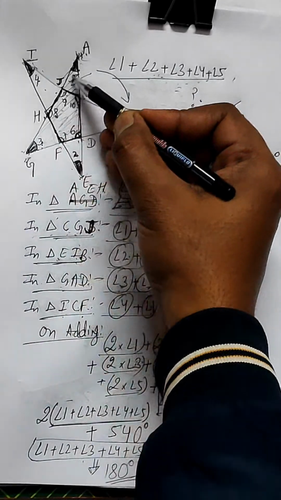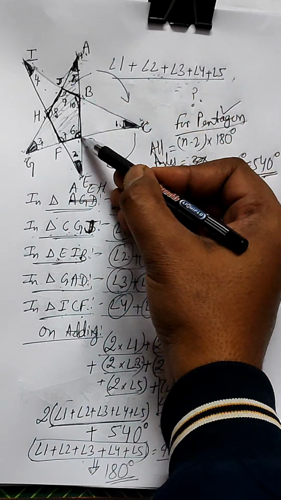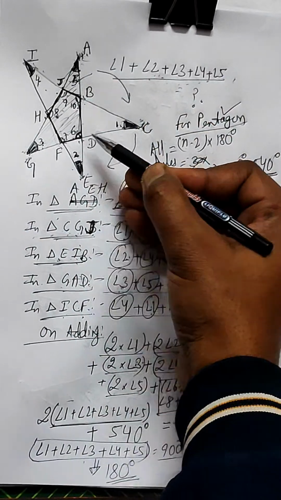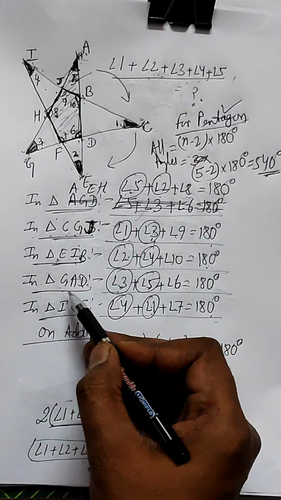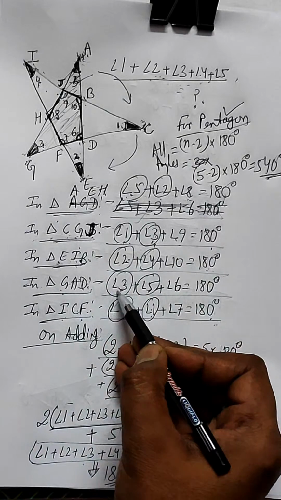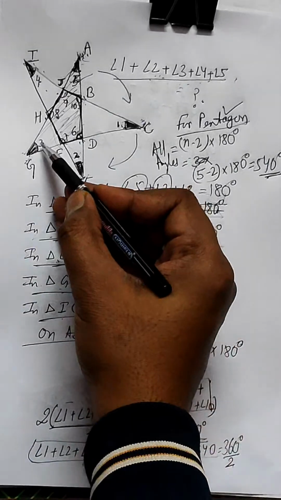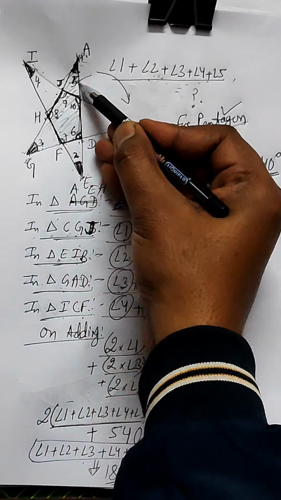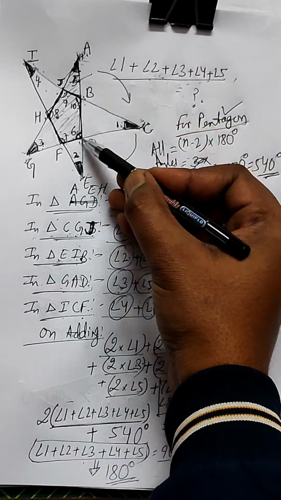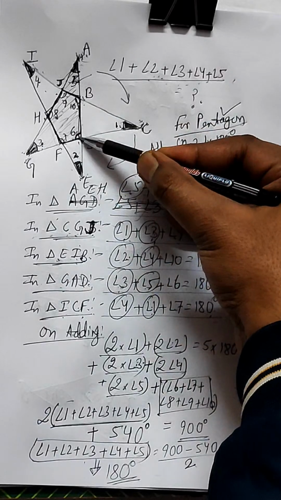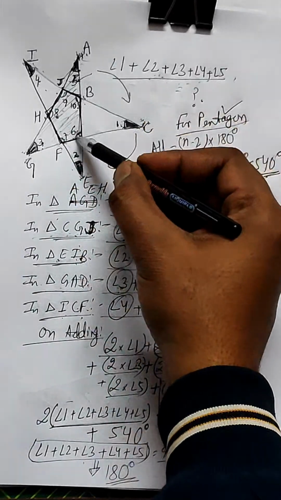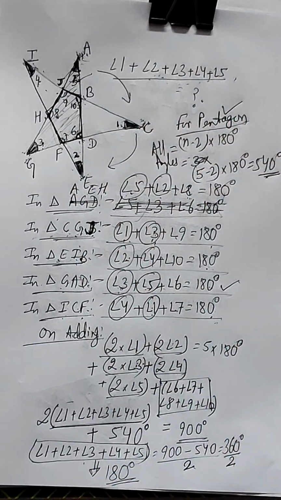From G, go to the extreme end A and the point ending at the pentagon D. So in triangle GAD, 3 plus 5 plus 6 is 180 degrees, because 3 is this angle, 5 is this angle, and 6 is this angle, right?